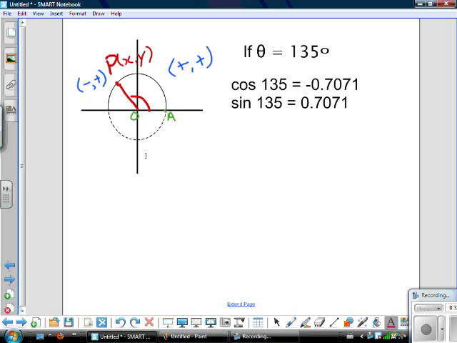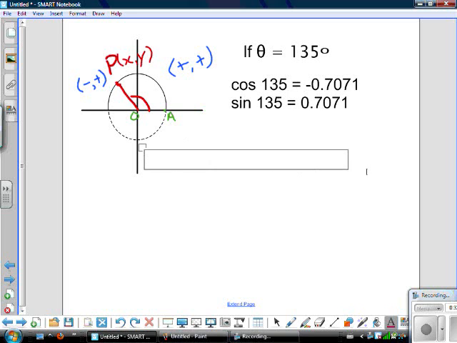So there's no problem when you're asked to find a ratio of an angle. You plug it in, out comes the calculator, gives you the right answer. The problem happens when I go from a ratio back to an angle.